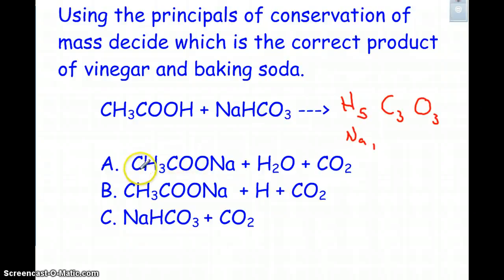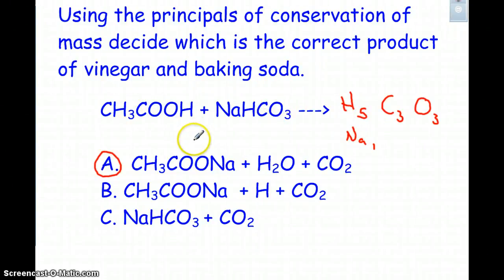It has 3 carbons. 1, 2, 3. Okay, what about oxygens? 1, 2, 3. Good. What about hydrogens? 3, 4, 5. What about sodium? Oh, 1. So it's A. It has to be A because that has the same amount of atoms as was over here.